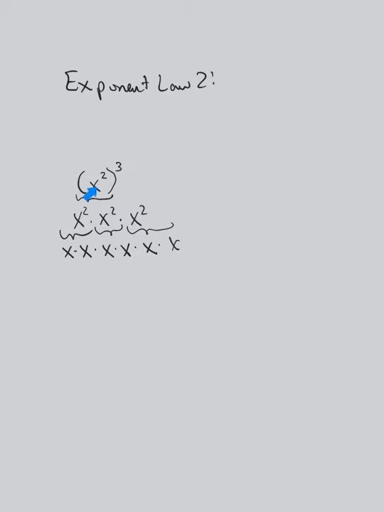So we started with x squared, but it was raised to the third power, so I multiplied it by itself 3 times. But each one of those x squareds means x by itself 2 times. So then how many x's do I have in all being multiplied? I have 6 of them, so this whole thing is x to the 6th. All right, so what are we seeing here? If I have an exponent raised to an exponent, I don't add those exponents.